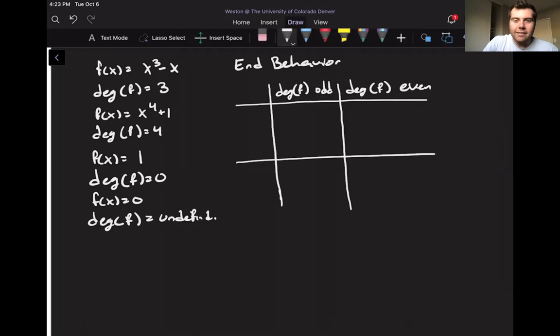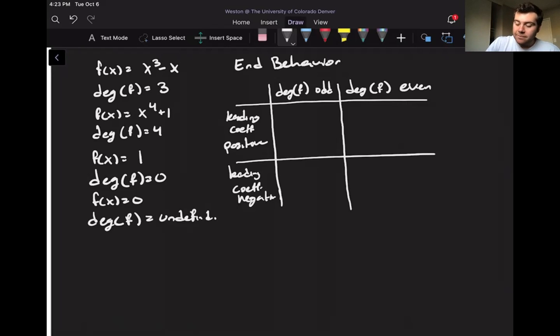So odd in that sense of odd that you know, like the degree of f is like 3 or 5, 7, even being 2, 4, 6, or more. And then if the leading coefficient is positive, and if the leading coefficient is negative, then we can completely classify the end behavior.